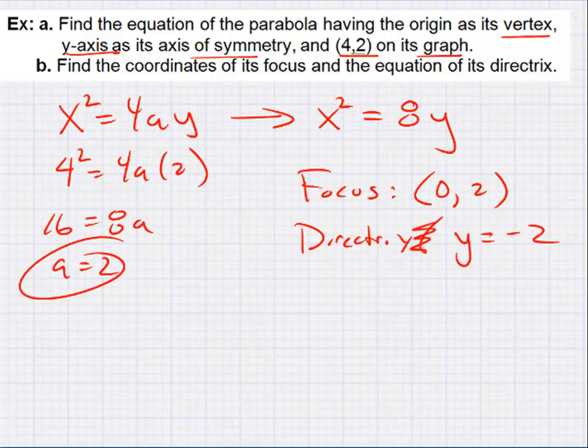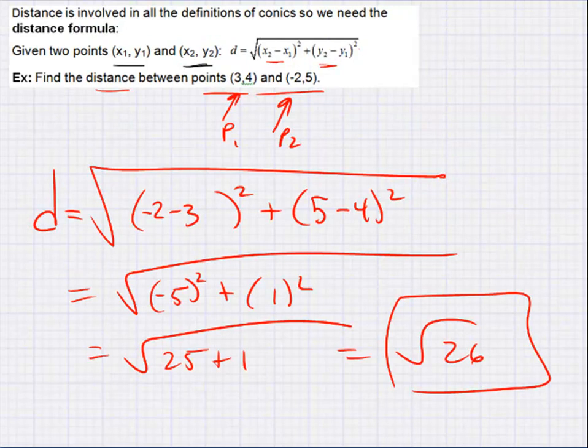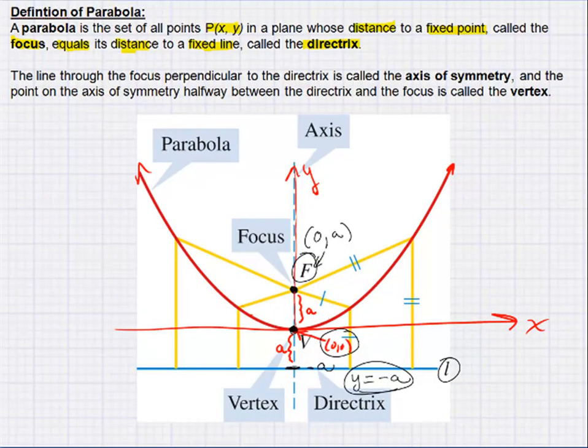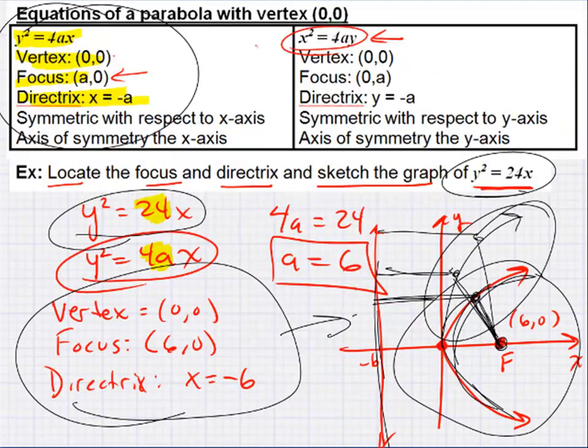Remember, for the form of your focus and directrix, always go back to this equation. Where if I have x squared equals 4ay, the focus will always be 0, comma a. The directrix will always be y equals negative a.